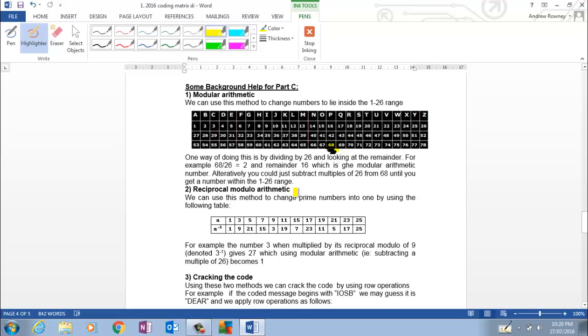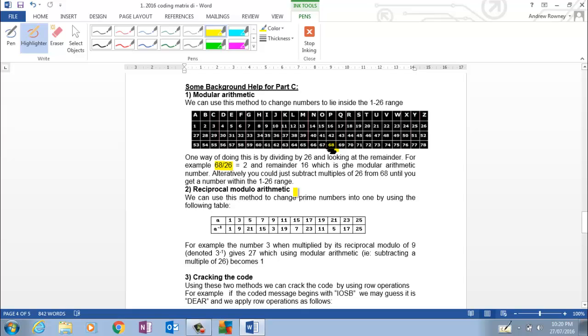You could have done that by doing 68 divided by 26, and you get 2, with a remainder of 16. So it's the remainder after you divide by 26. That's called modular arithmetic, changing a number into a number between 1 and 26.